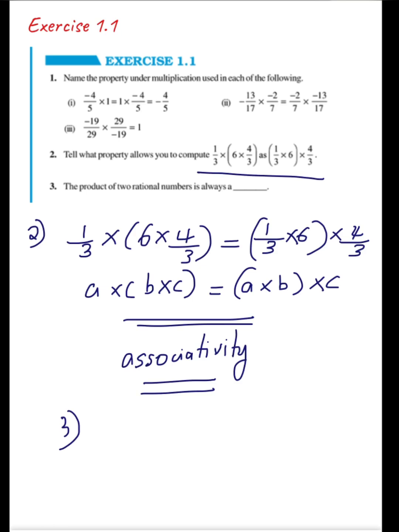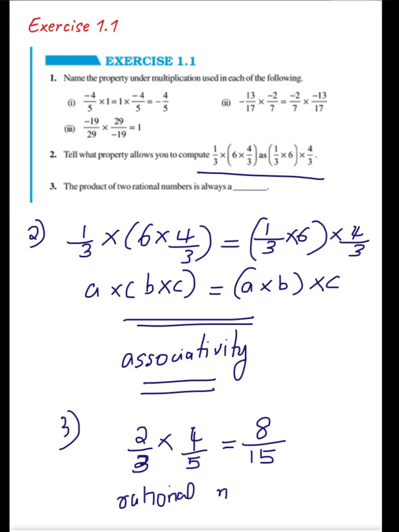The answer will be again a rational number. If I am multiplying 2 by 3 with some other number, 4 by 5, then the answer is 8 by 15, which is again a rational number. So the product of two rational numbers is always a rational number.